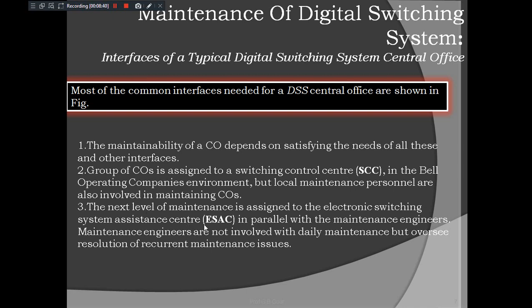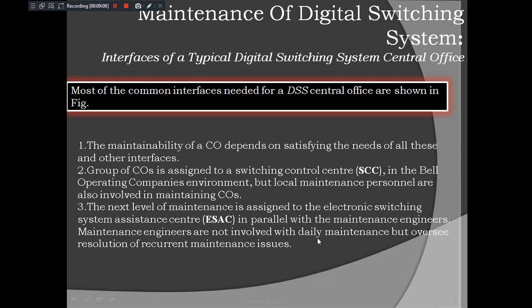Whereas the ESCC, the electronic switching assistance center, works in parallel with the SCC, with the help of maintenance engineers who are not involved in daily maintenance but look at the resolution of maintenance issues. They help in writing new specifications and new upgradations, how and when they could be done.